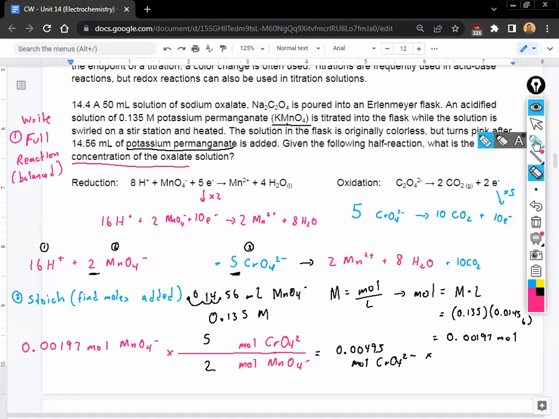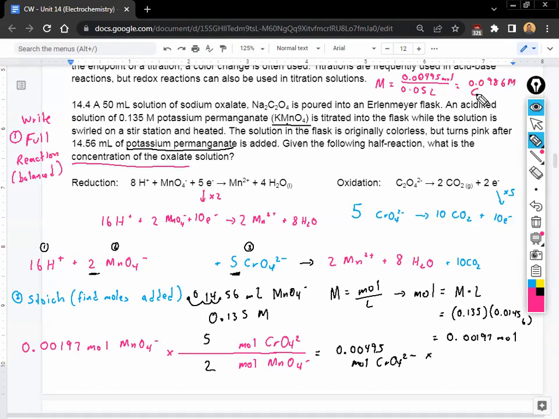Mr. O prevails today. Okay, so the molarity of the original concentration is going to be 0.00495 moles of the oxalate divided by 50 milliliters, which is 0.05 liters. And that's going to give us a final concentration of 0.0986 molarity.